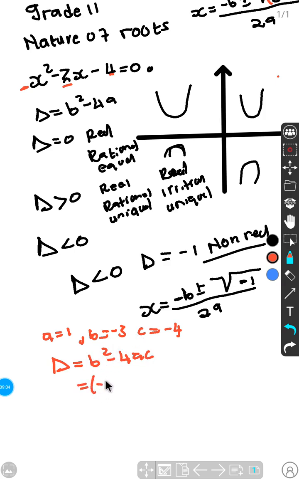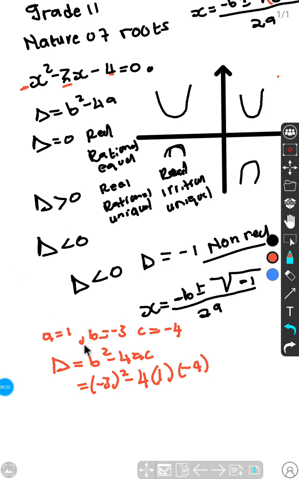What is b? Our b is -3 squared, minus 4 times a, which is 1, times c, which is -4.